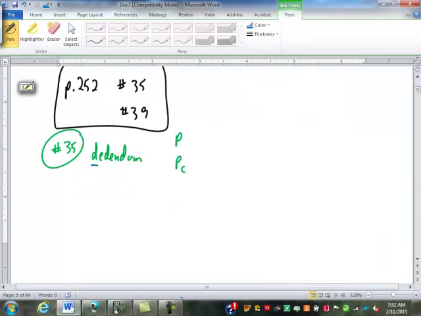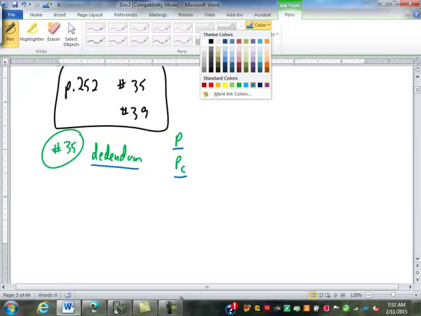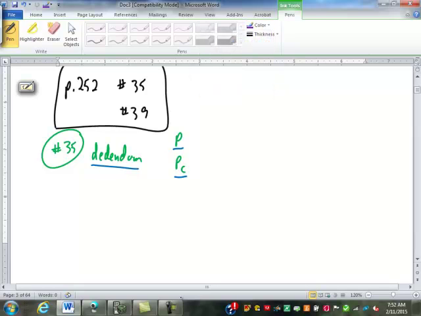Number 35, we're asked to find the dedendum. If you look on page 248 for the dedendum, there's 2 formulas for the dedendum. You either need to know the pitch or you need to know the circular pitch. Well, the information we're given in this problem is the number of teeth and the pitch diameter, which means we can find either one of those again. I'm going to find the pitch, because the pitch is simply the number of teeth divided by the pitch diameter.